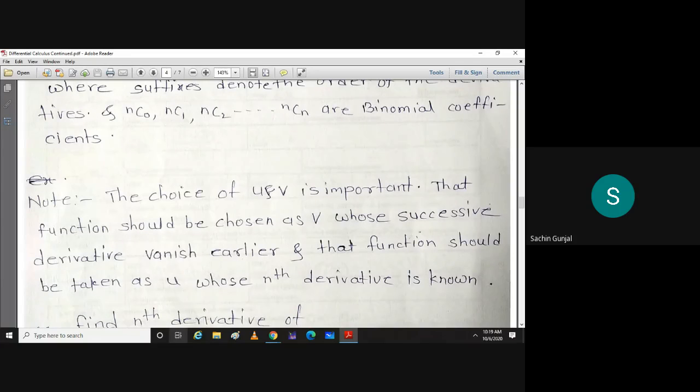The function should be chosen as v whose successive derivative vanishes earlier. Meaning, if we have the function e raised to 3x into x cube, can you tell me what is your u and v?